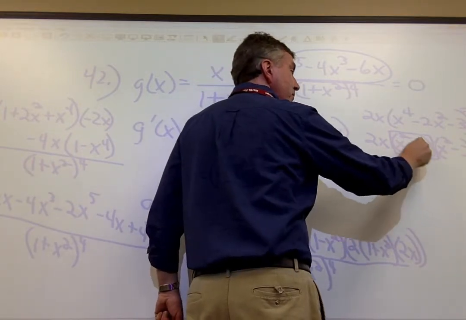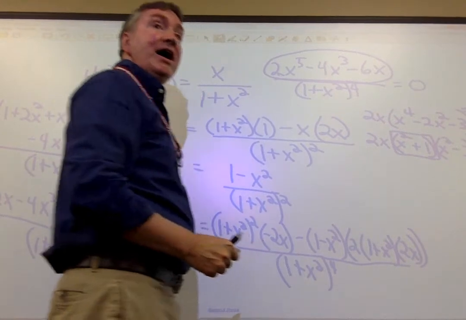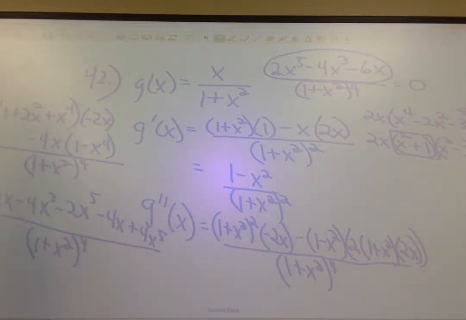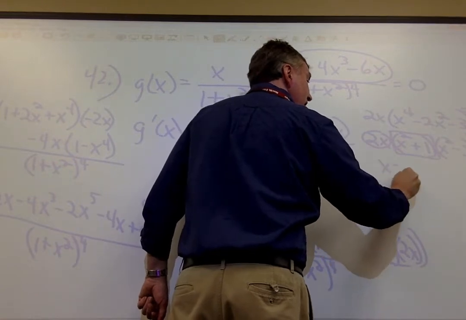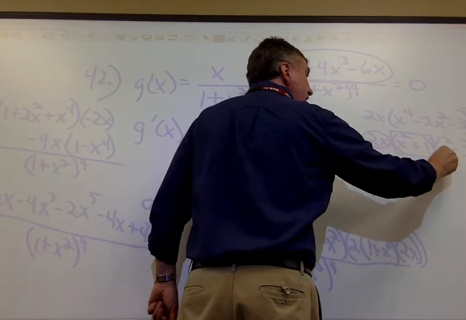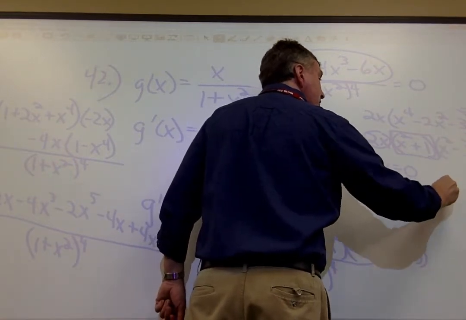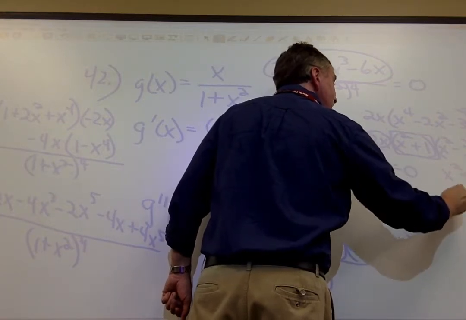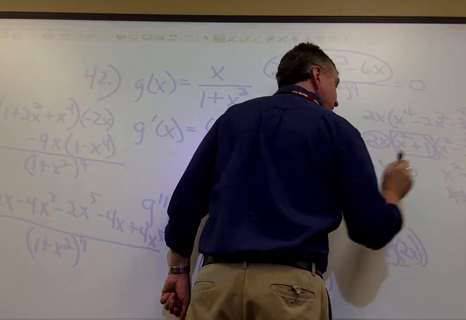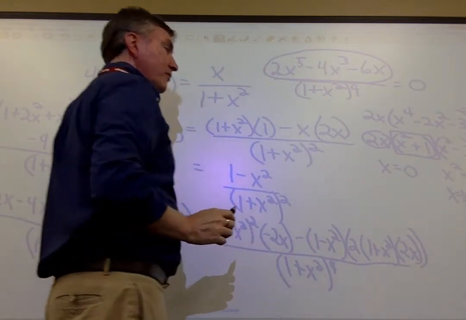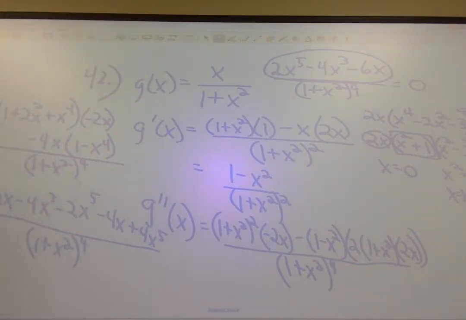If I set x squared plus 1 equals 0, it would be i, wouldn't it? Or negative i. This one, though, 2x equals 0, x equals 0. If I set x squared minus 3 to 0, x squared would be 3, and x would be plus or minus root 3.